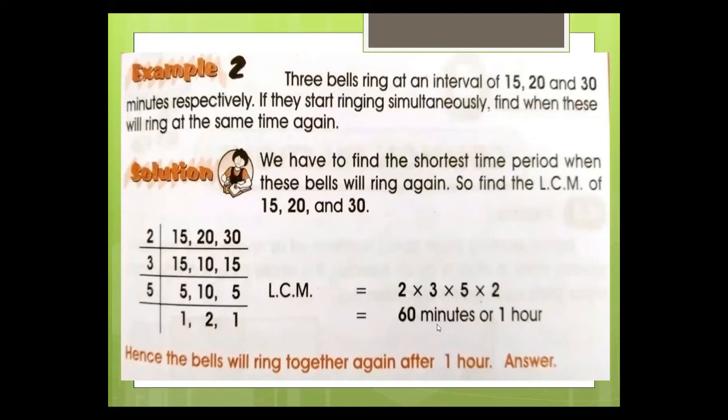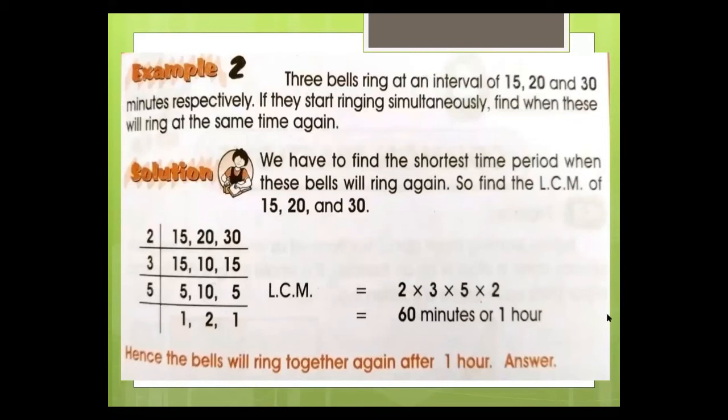So if you write just 60 minutes, the answer is okay, but if you convert it into an hour, 1 hour is also correct. So the result is, hence the bells will ring together again after 1 hour.